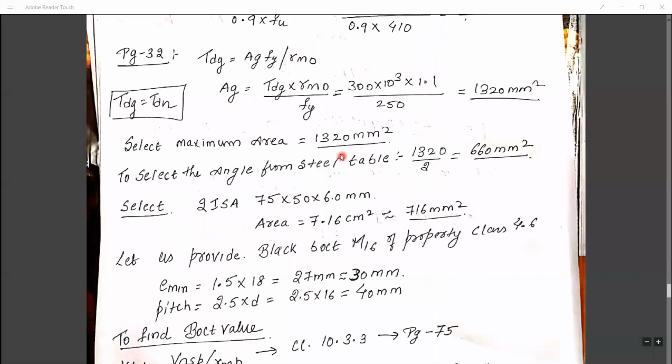So for that purpose, in the steel table, don't take 13.20 centimeter square directly. If you convert this mm square into centimeter square, it becomes 13.20. Always for a double angle section, you need to divide by 2, because your figure will be of a double angle section in this manner.